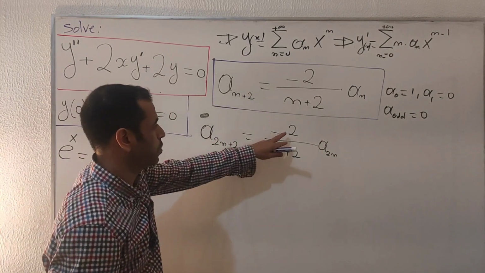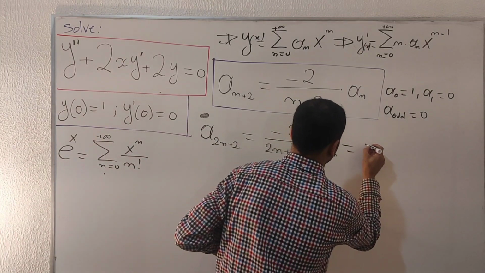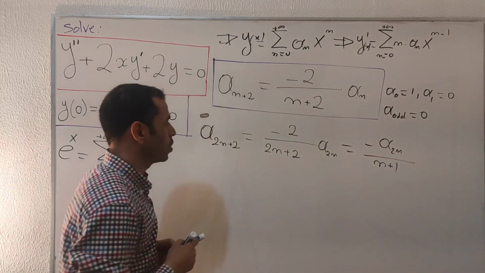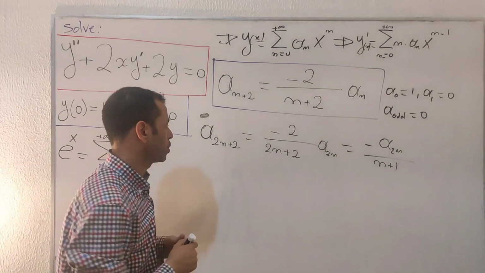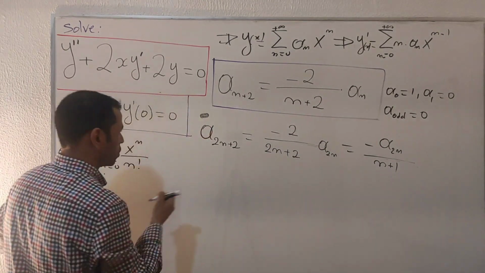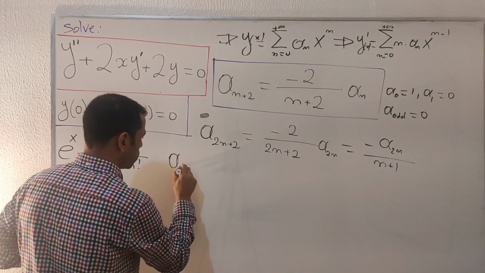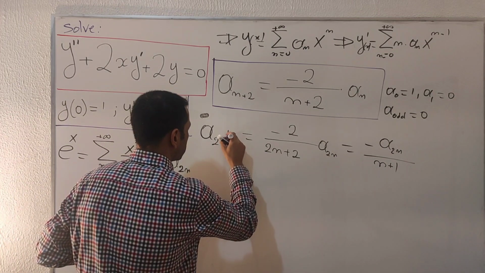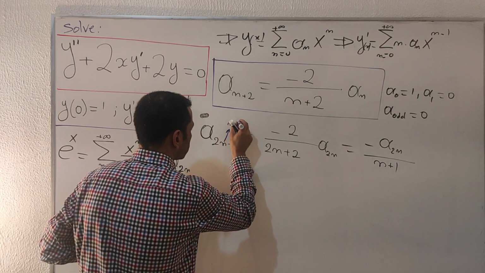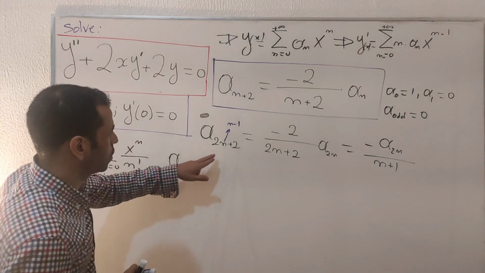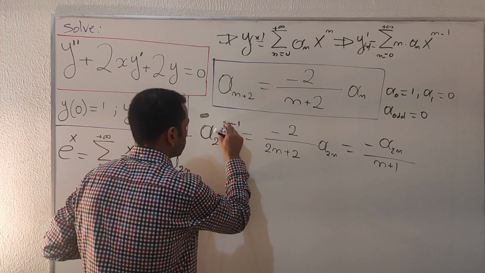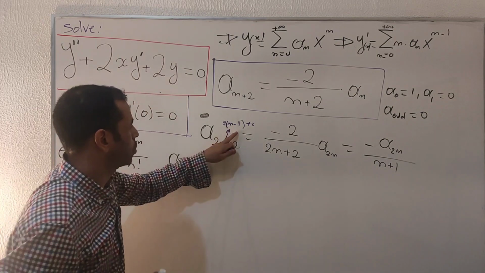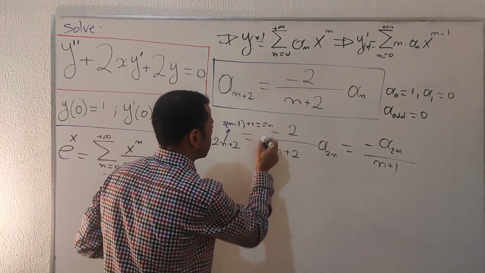So the 2 cancels out, which means I get minus e sub 2n divided by n plus 1. Now I'm going to use the recursion one time here to see e sub 2n, because what I have done here is replace n with n minus 1. Multiplying by 2n minus 2 plus this 2 gives us 2n.